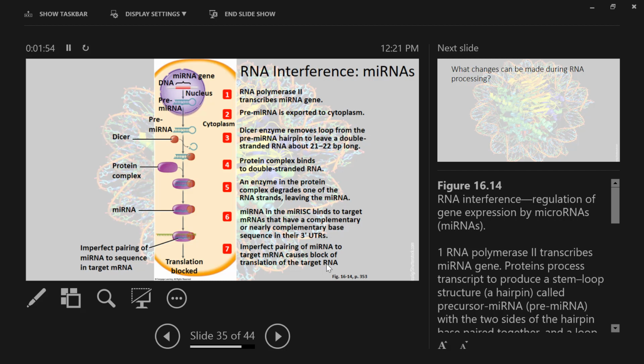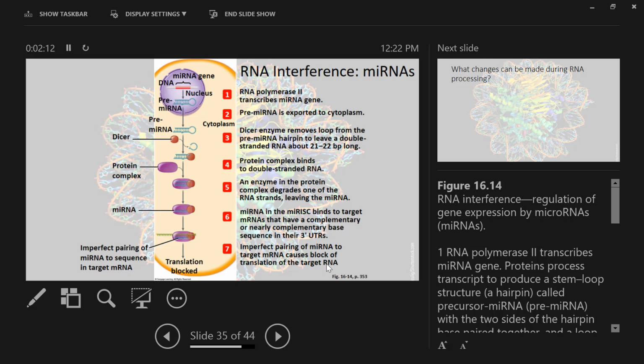So for a specific RNA, you need a microRNA, an interference RNA that would bind to a certain codon on your primitive, and it would be specific to that gene.